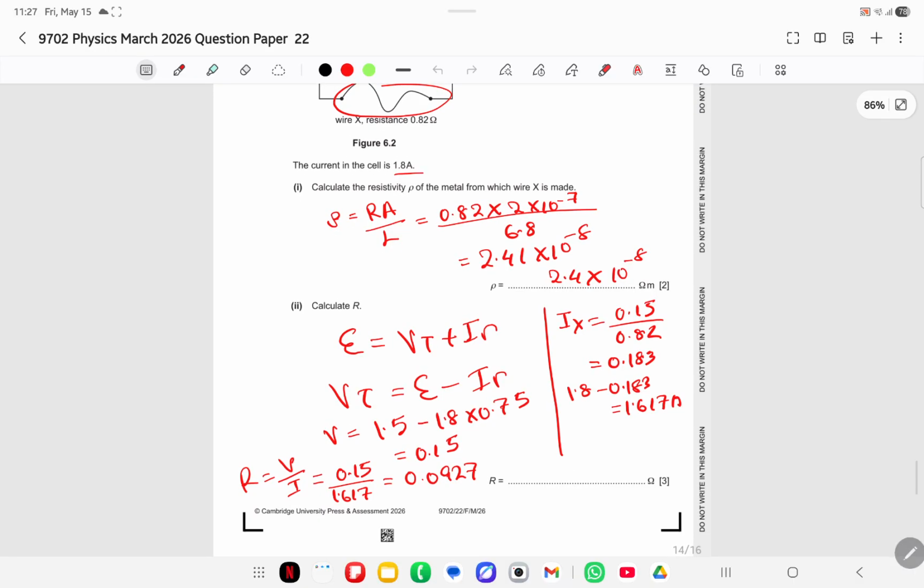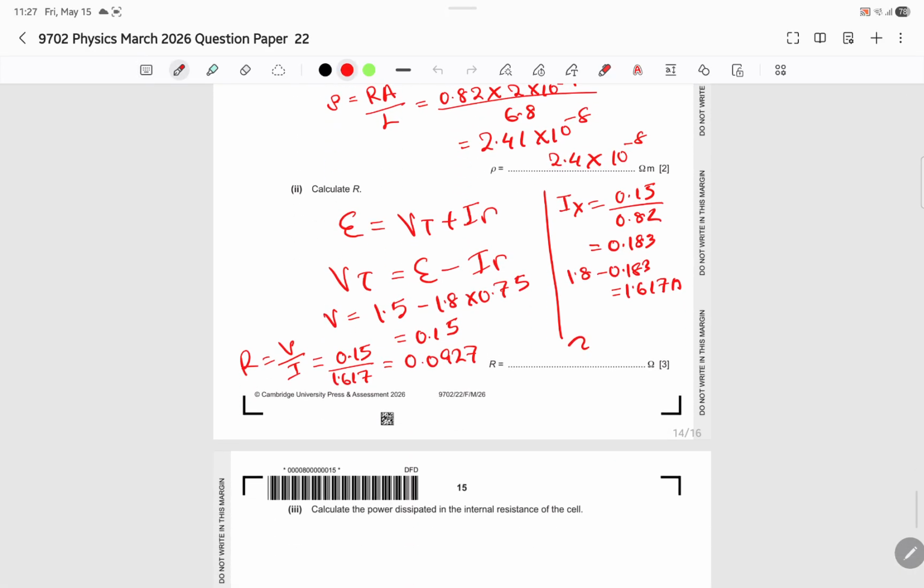Oh, this is actually 0.93. 0.93 ohms, nice.